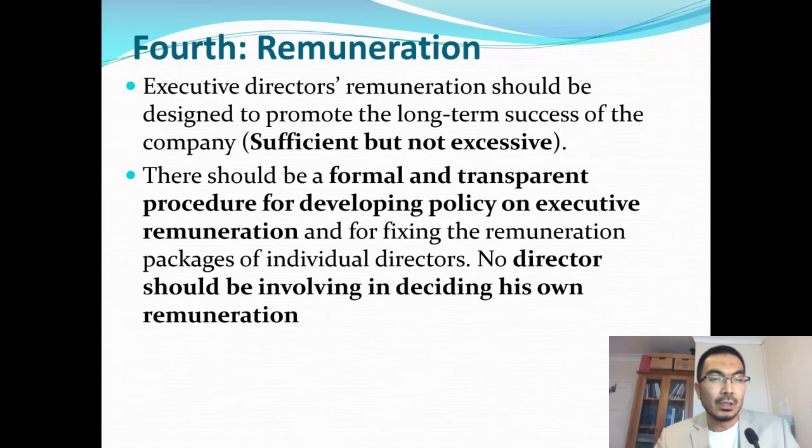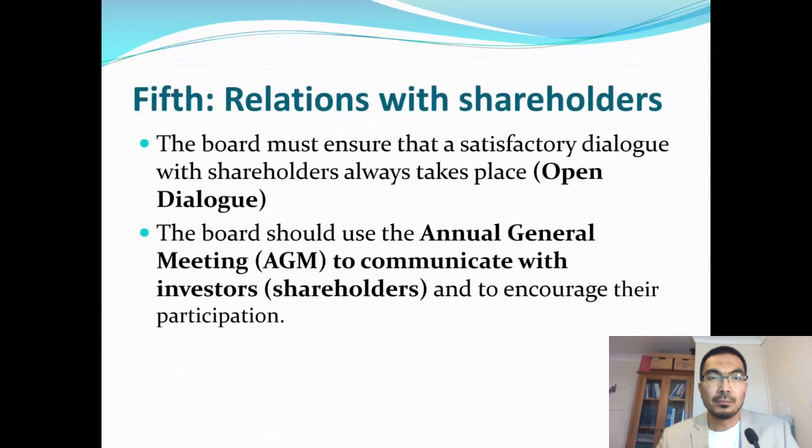No director should be involved in deciding his or her own remuneration, because if there is no remuneration committee, then obviously the CEO or the directors of the company might choose to give themselves as much as possible. So that's why we need a remuneration committee.